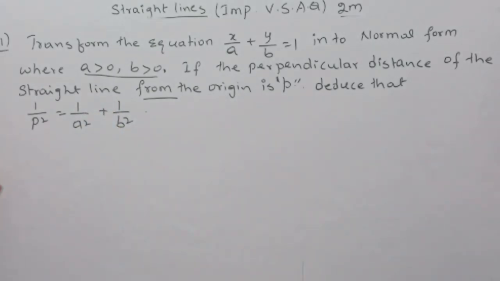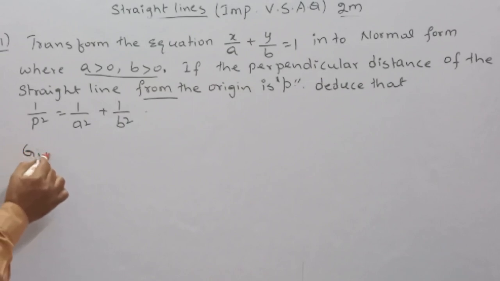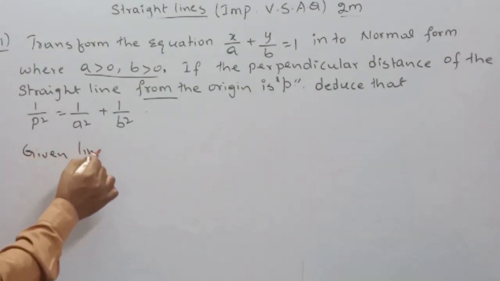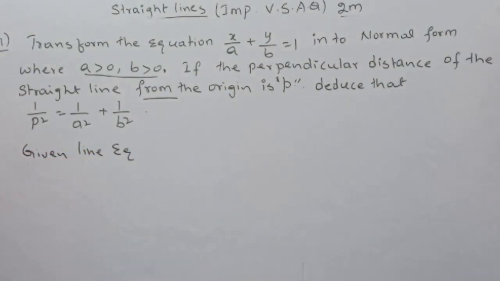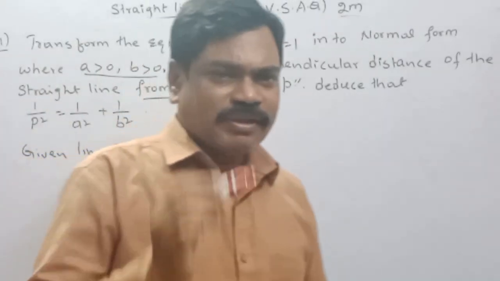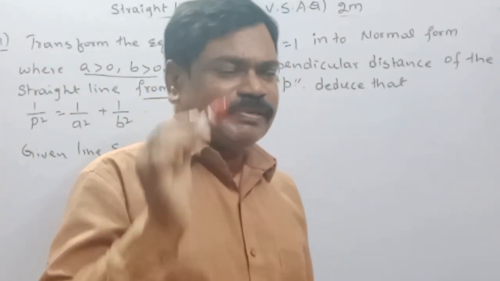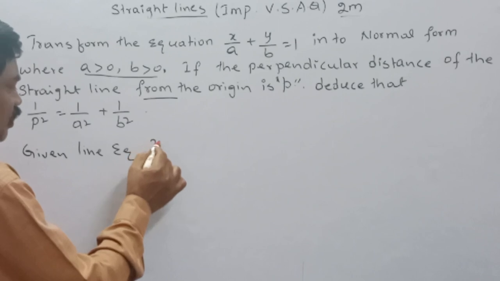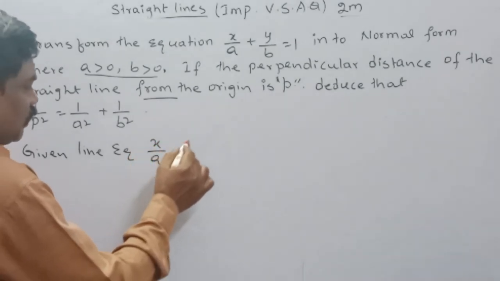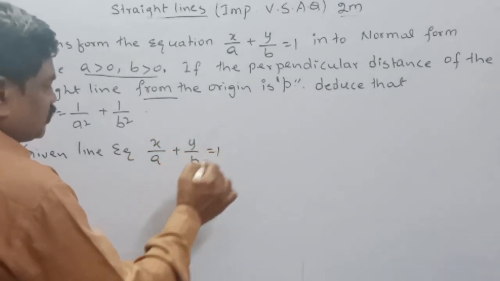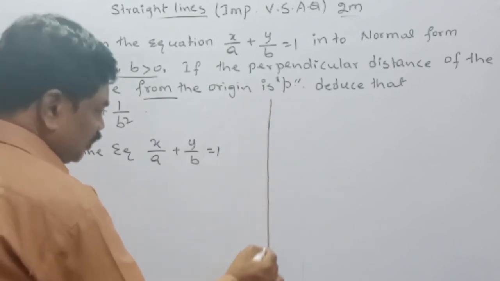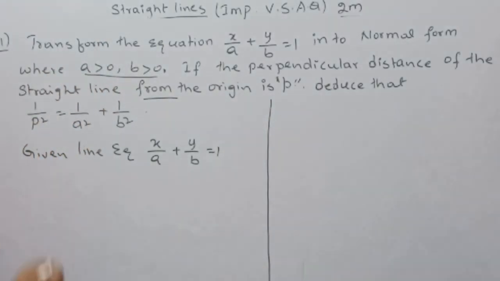You see, the given line equation is x by a plus y by b is equal to 1.